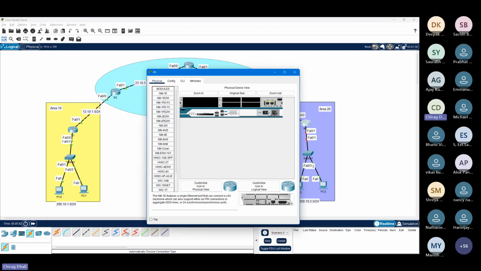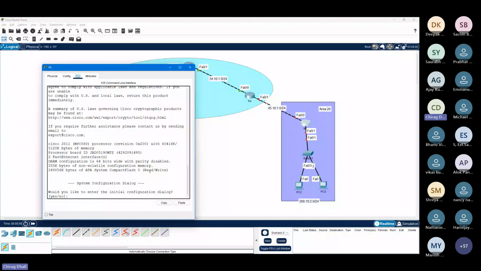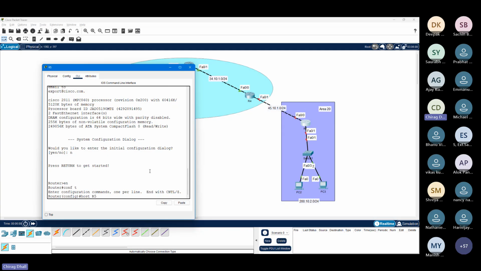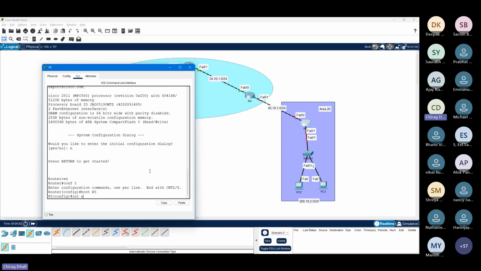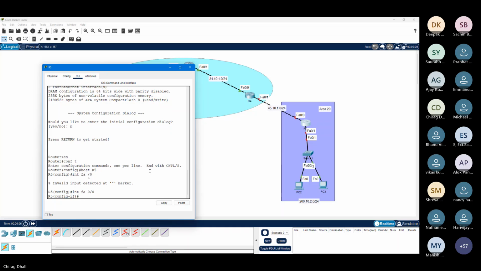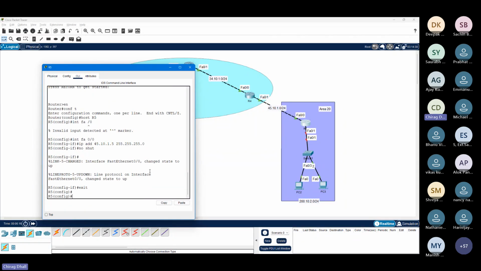Finally, the last router, router number 5. I'll go to the CLI, say no to the question. Config t, hostname R5, interface Fa0/0, IP address 45.10.1.5/24, no shutdown, exit.